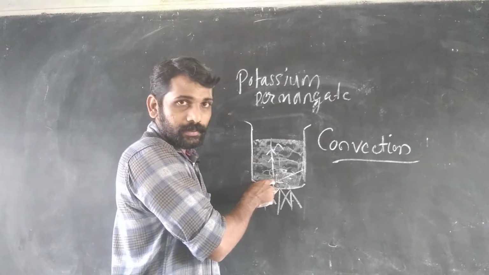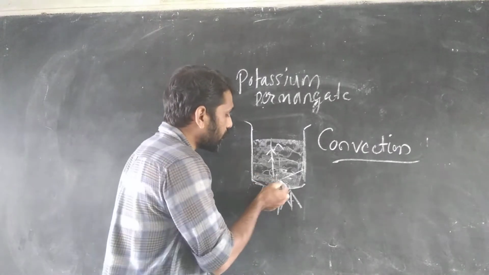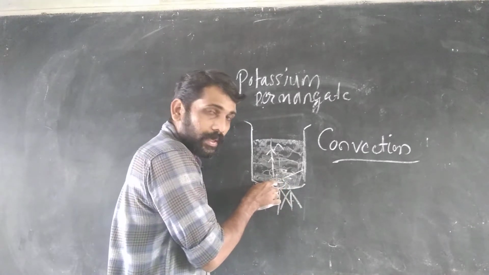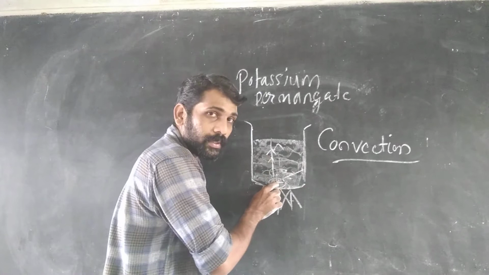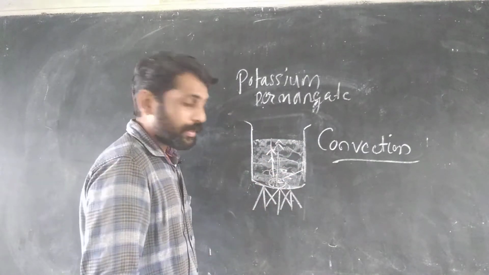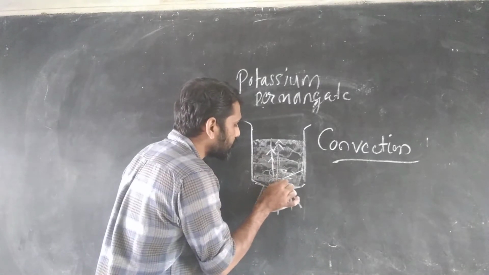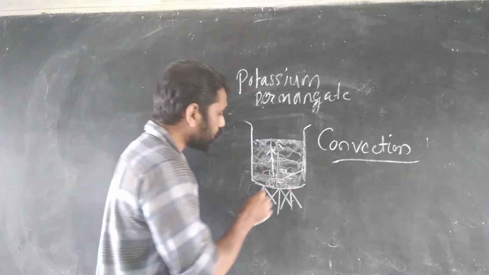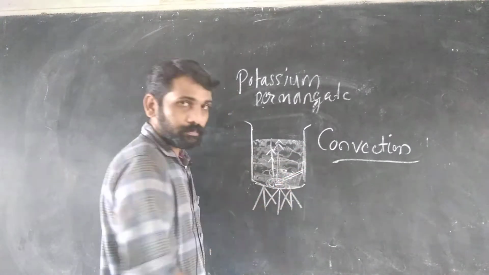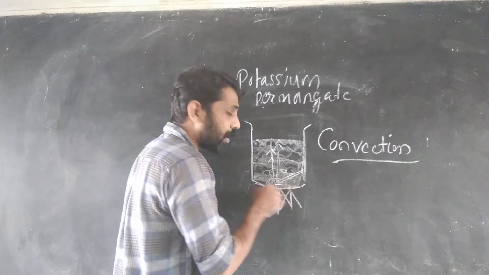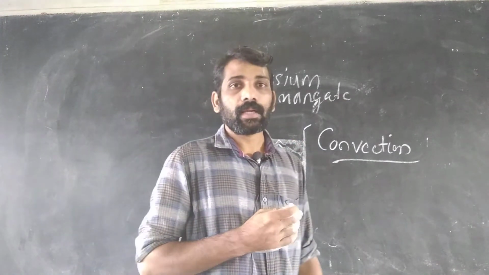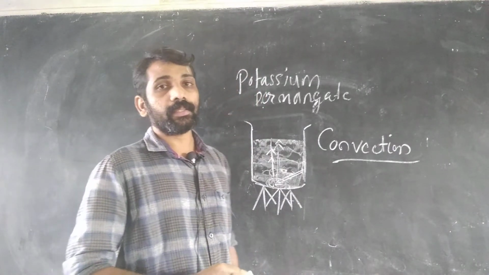This water which came into the empty space will also get heated and go up. Again this space becomes empty, and the water on the sides of the beaker will come, and they will also get heated, and this process continues until all the water in the beaker is heated.